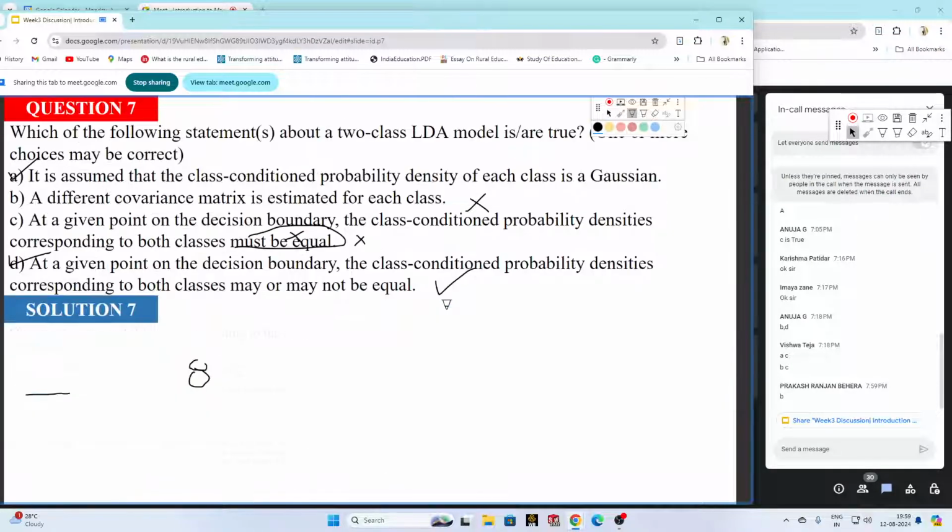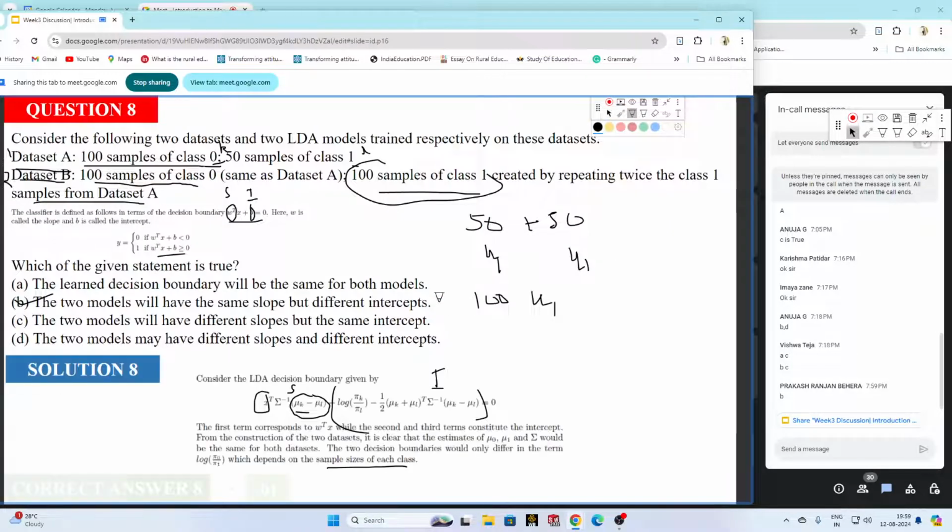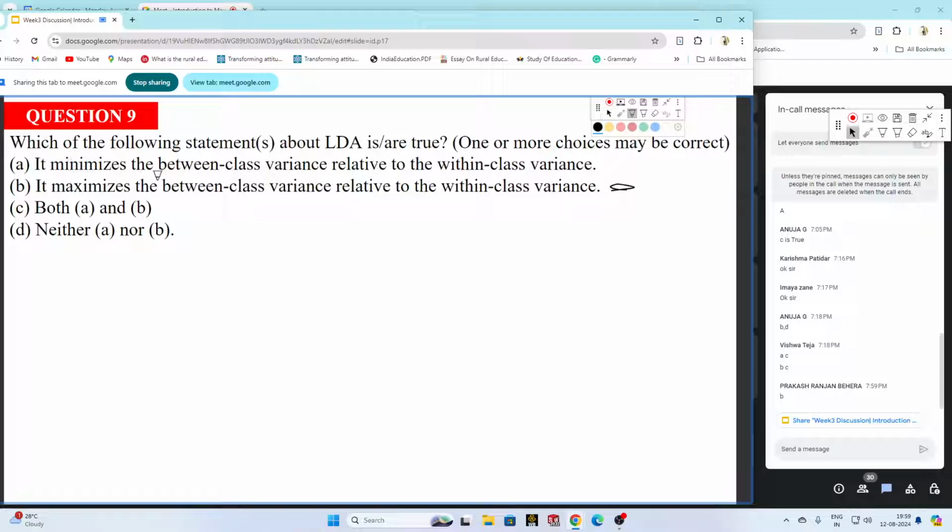So the same thing has been asked in question number 9. Our Fisher criterion has the between class variance and the within class variance. The between class variance should be as large as possible, and the within class variance should be as small as possible.